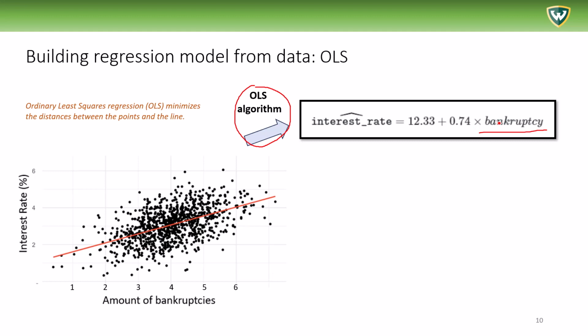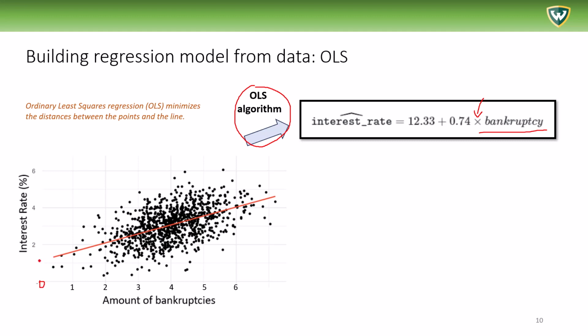So the idea here is that for a 1 unit increase of bankruptcy, well, let's do it. If a person has 0 bankruptcy, you can just calculate the equation. 0.74 times 0, this is a multiplication sign, and any number times 0 is 0. So if a person has 0 bankruptcy, the interest rate is going to be 12.33. Now here, it's not really a real graph, so 0 would be here.